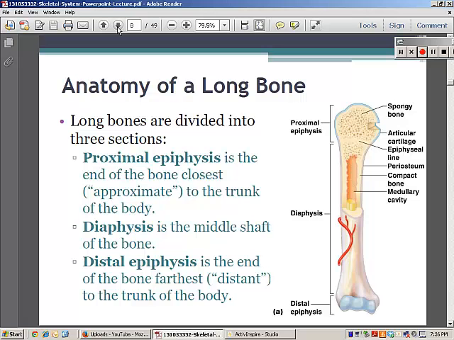Now let's just remember some of our suffixes and prefixes again. Epi means kind of above, and so of course this bone is above the diaphysis, and it's proximal because it's closer to our actual trunk, to our body. In contrast, we see the other side, called the distal epiphysis. And that's because that guy is the one that's moving away from the trunk. It's distal from the trunk. Keep it in mind when you see these 2 ends.